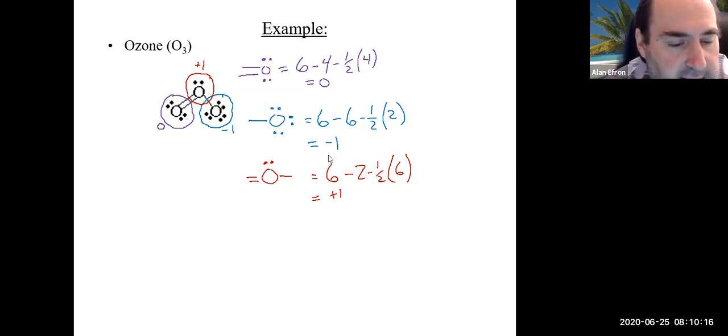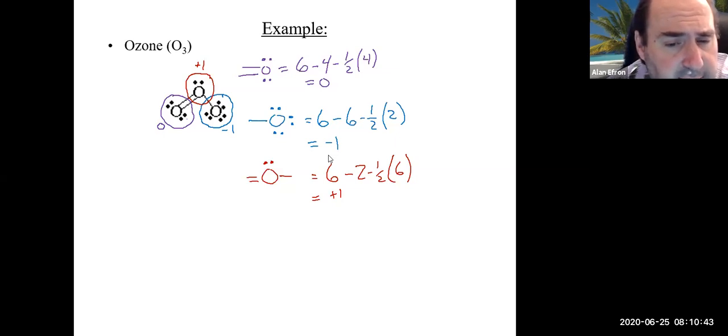And the way we calculate formal charge is we take the number of valence electrons in the free atom or free element, minus the number of non-bonding electrons, which in your Lewis structure would be the ones with the dots, and minus 1/2 the number of bonding electrons, which from your Lewis structure would be the ones with the lines.